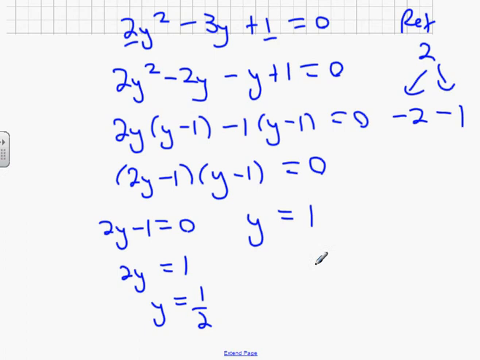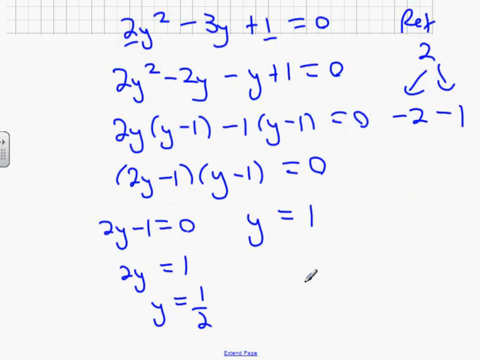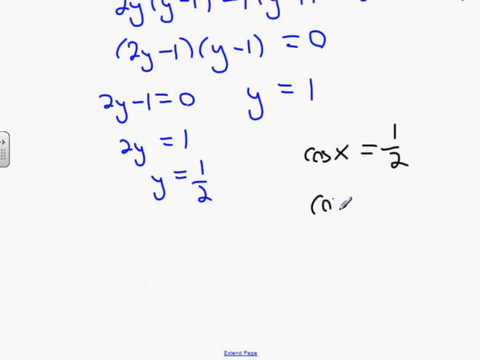Now because y equals cos x, we have cos x equals a half, or cos x equals 1. Now cos x equals 1 at two different points.